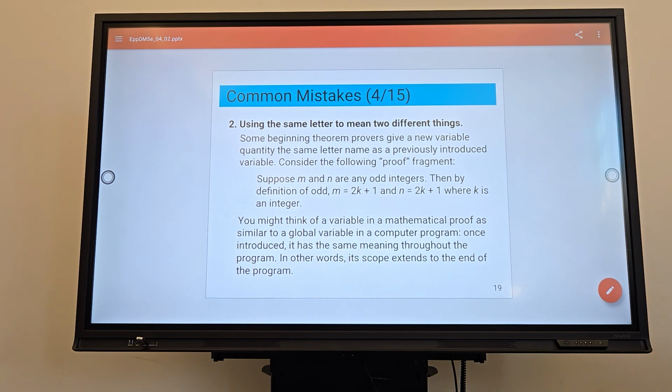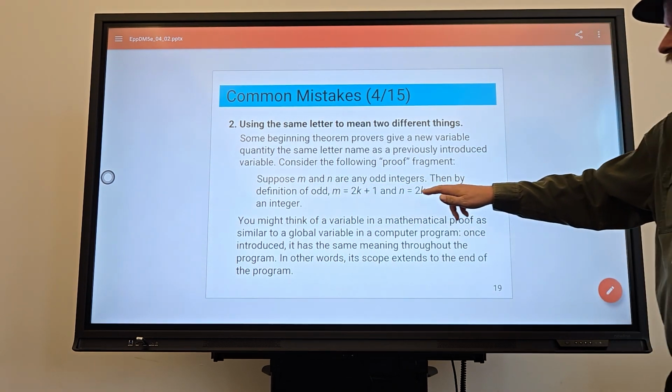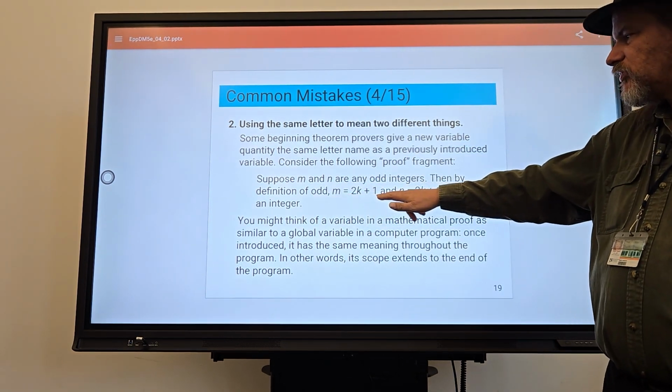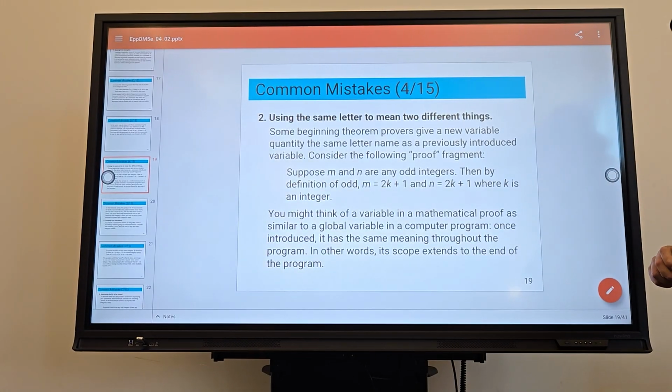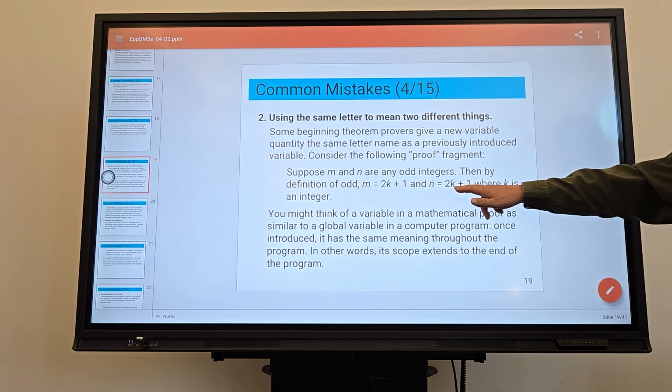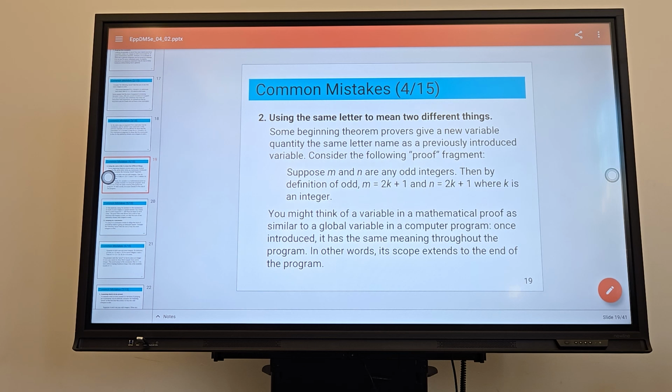Like, for example, say m and n are odd integers. Then by definition of odd, m equals 2k plus 1 and n equals 2k plus 1. Well, if that were the case, m would equal n. So you have to choose a different letter for k in one of the two equations.